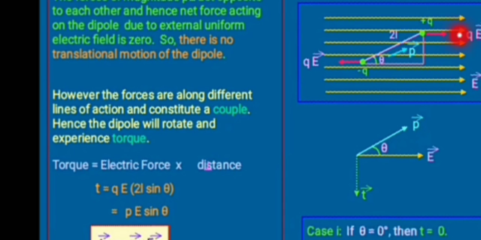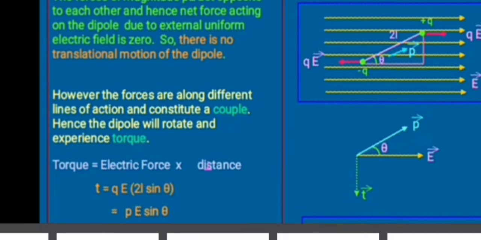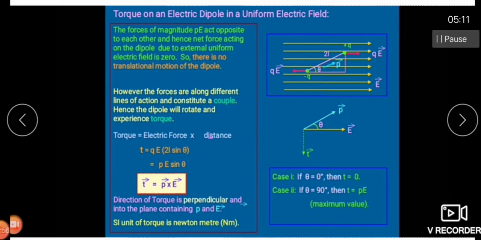and when it rotates due to the forces acting on the dipole, this angle will change from 0. As we know, the force minus QE acts on the negative charge due to the external electric field.